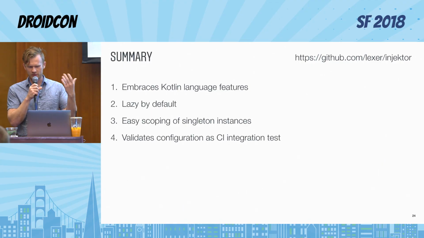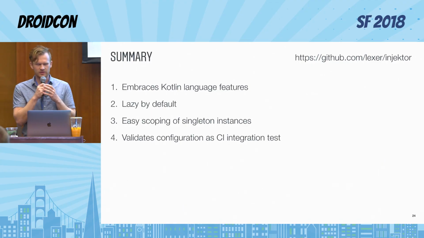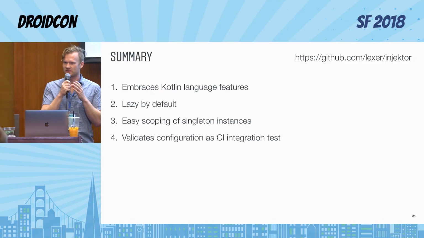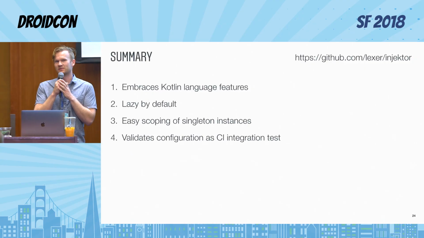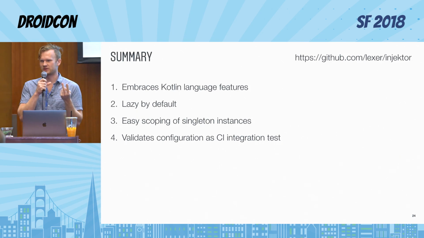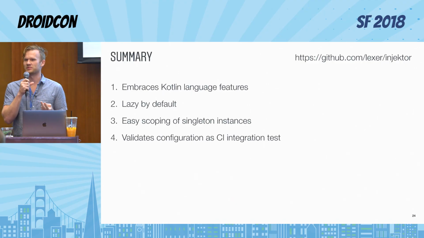My personal opinion about Dagger 2 is that right now it gives people too many options, and those options are rapidly expanding. For example, you can approach your component from two different angles. You can have components with dependencies, and you can have subcomponents.